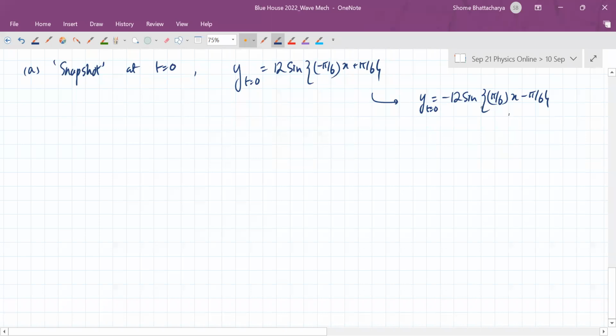So to plot this, you can start by understanding what the graph of minus sine theta looks like. It's like this.